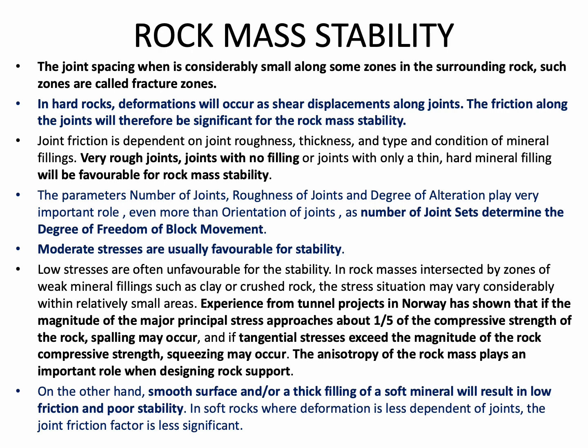Let us look into what defines the rock mass stability. When the joint spacing is considerably small along some zones in the surrounding rock, such zones are called fracture zones. In hard rocks, deformations will occur as shear displacements along joints. The friction along the joints will therefore be significant for the rock mass stability.